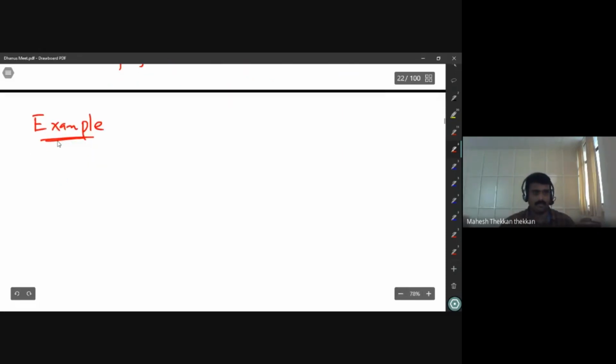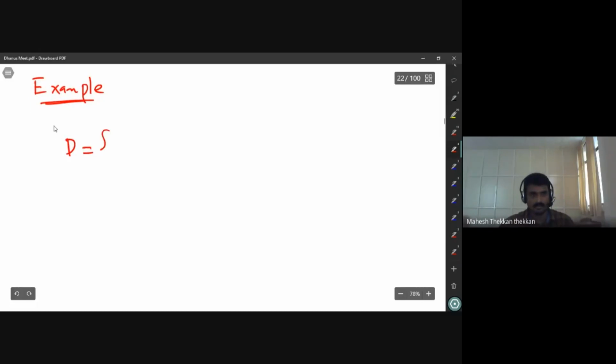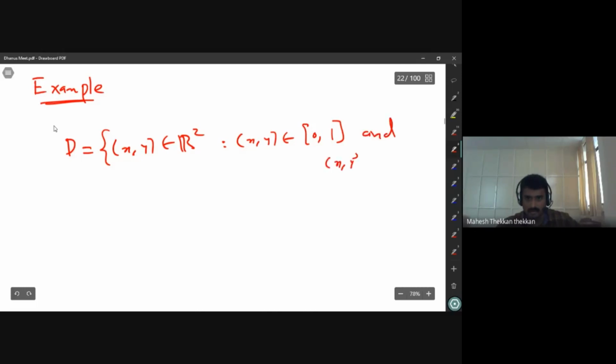I will take D as the following: D is the set of all (x, y) belonging to R2 such that x, y belong to the closed interval [0, 1] and (x, y) is not equal to (0, 0). What is D? You have a square, and this point is not there. The entire region, including the inside portions, is there, but this point is not there. That is my D.